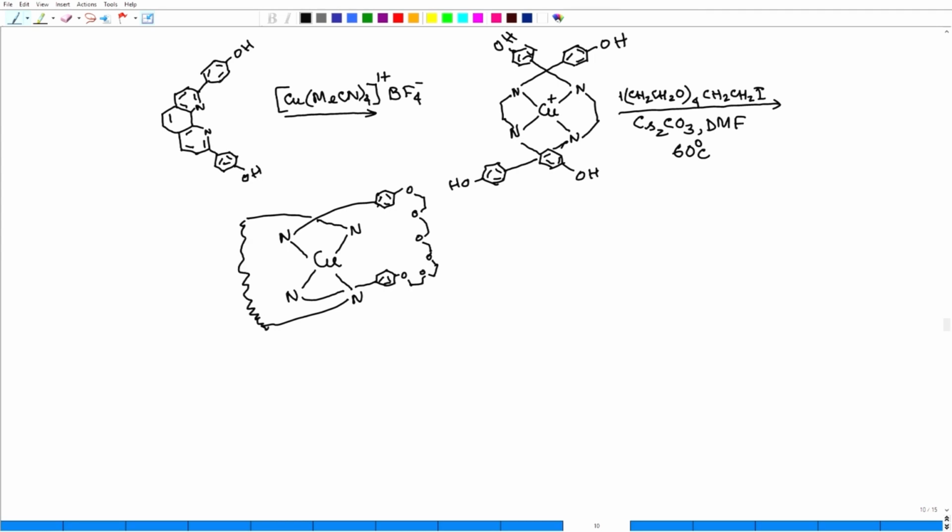Okay. So, what did we get? We got this copper(I) complex, copper(I) plus complex. Now, here it is also connected, phenanthroline connected.